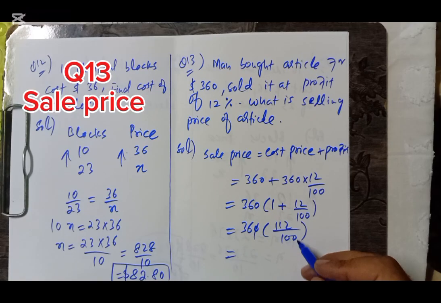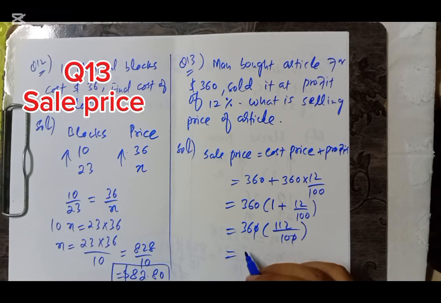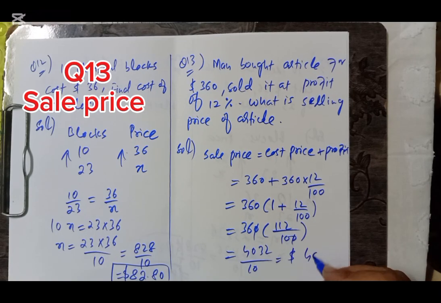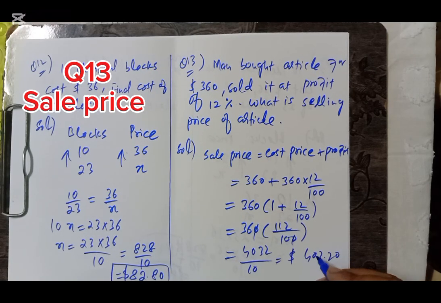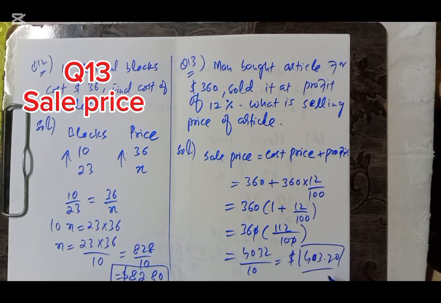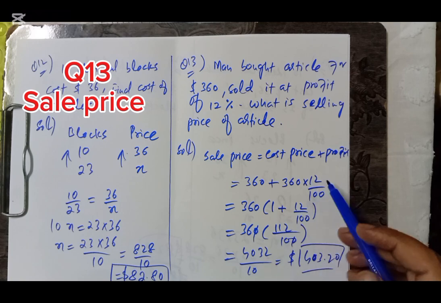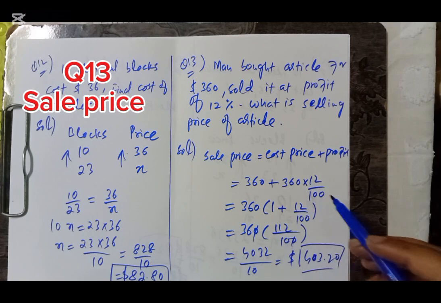At least this one zero can cancel this one zero, and 36 needs to be multiplied by 112. This gives me 4032 divided by 10, which means $403.20. So $403.20 should be the sale price of that item if we want to make 12% profit.